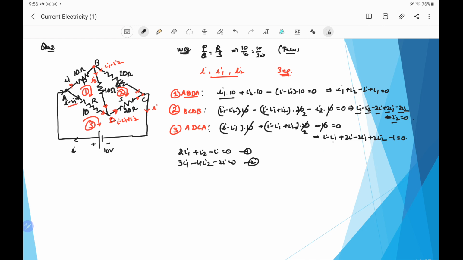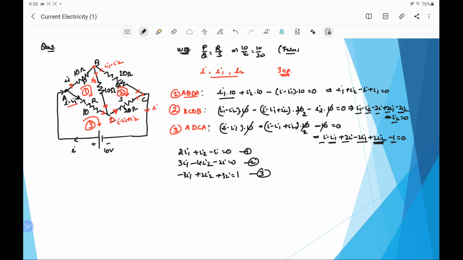So if we add, I1 minus 2I1 means it is minus 3I1, and then plus 2I2, and then I plus 2I, that is 3I, equal to, and minus 1 will be taken to the right-hand side, so it is 1. This is equation number 3.